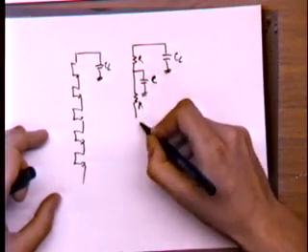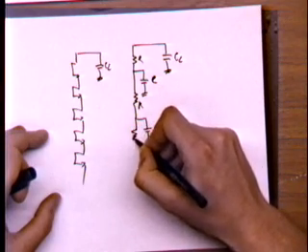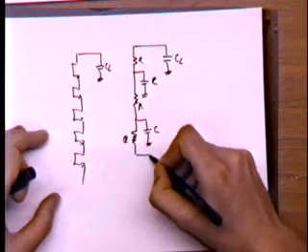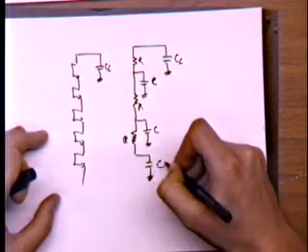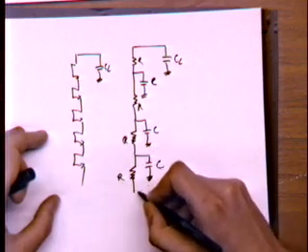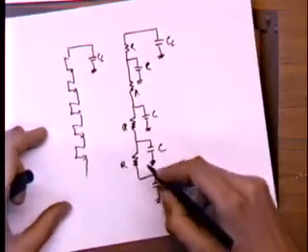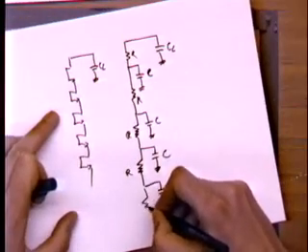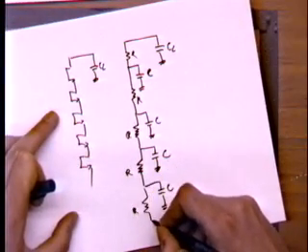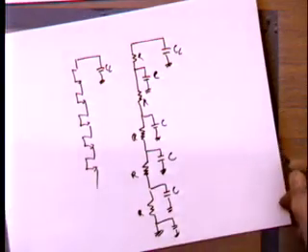That gives me another R and another C. Then the third transistor gives me another R and another C. Then the fourth transistor gives me another R and another C. And then there's 5 of them, so there is a fifth transistor. This gives me another R and another C. And this C is grounded, so it doesn't matter.